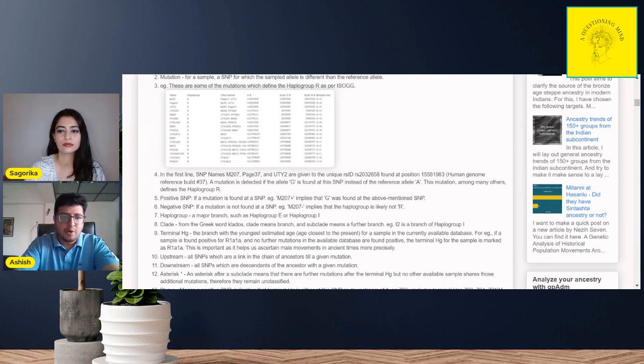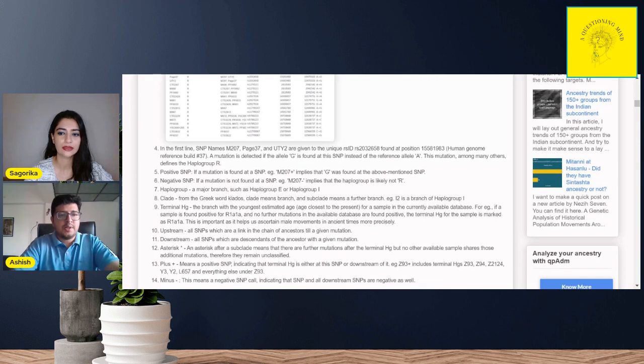Whereas in modern Indians, it makes up around 70% of the R1A, and only around 20-30% of the Indian R1A is the steppe kind, which is Z2124.